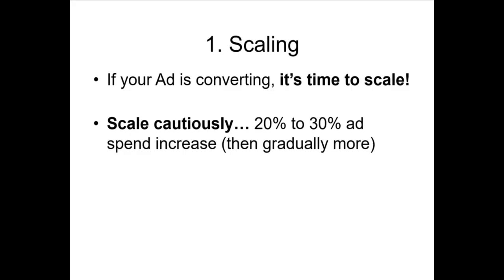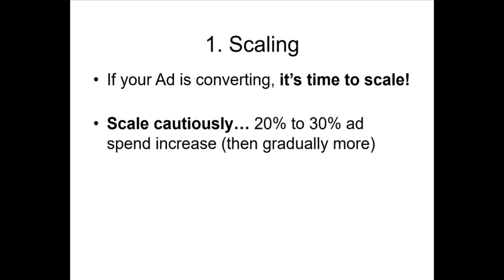Okay, and if you're thinking, all right, but I'm actually ready to spend more money than that, a few hundred dollars in a single day, what you can do is make a duplicate of that winning ad set, and duplicate it 3 or 4 times.